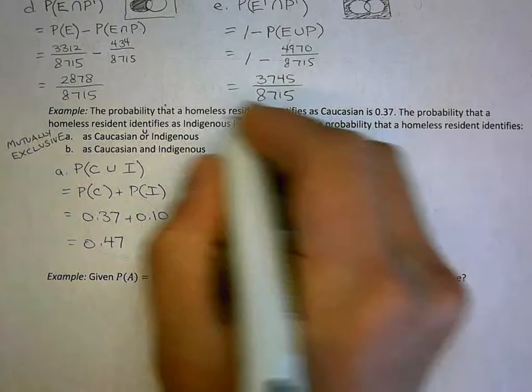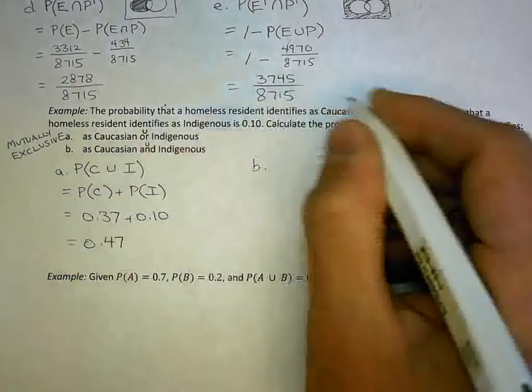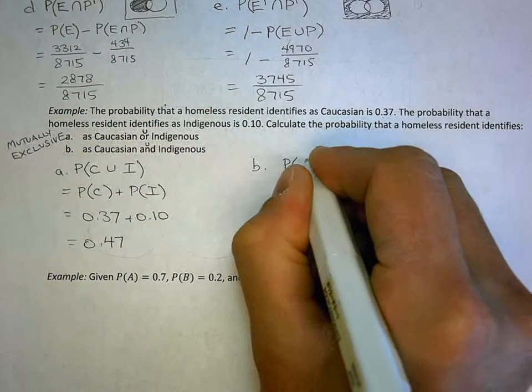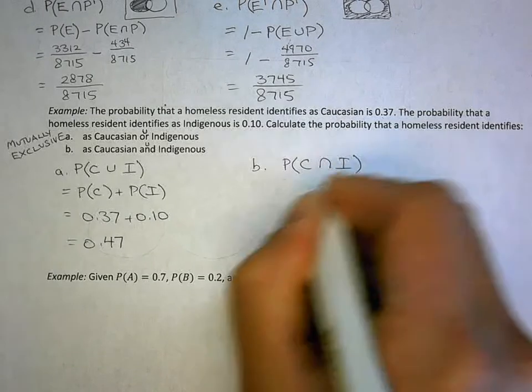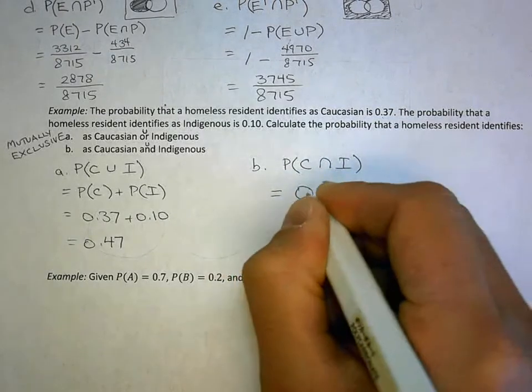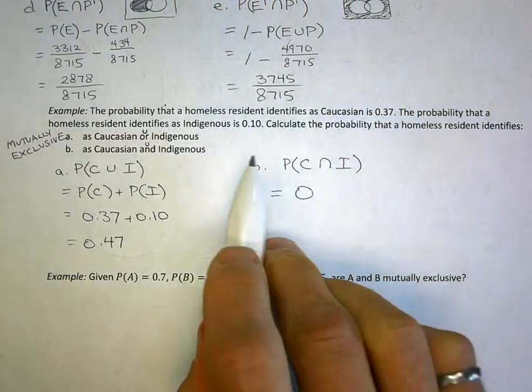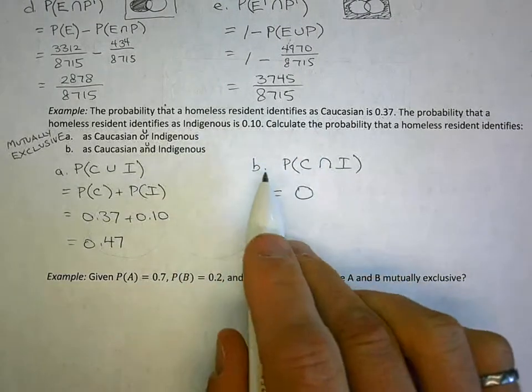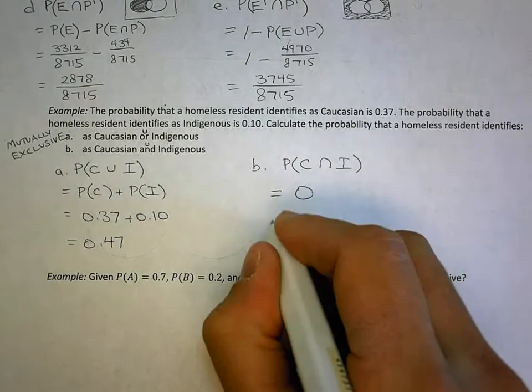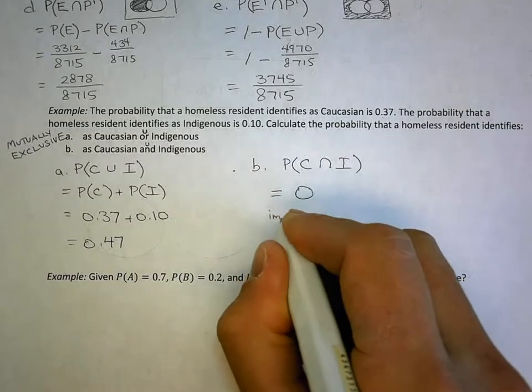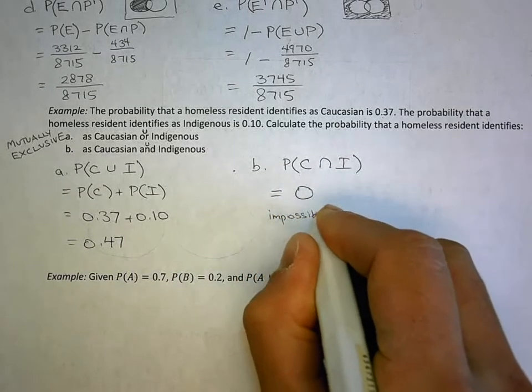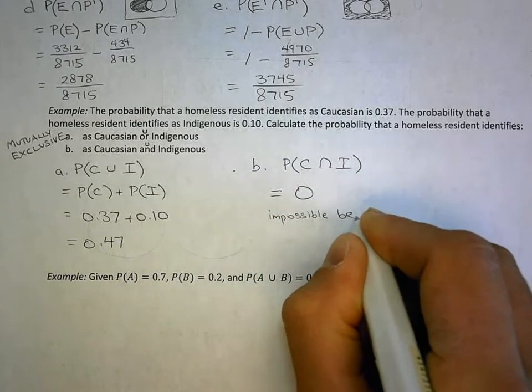Part B, what's the probability that someone identifies as Caucasian and Indigenous? Probability of Caucasian and Indigenous, the intersection. This would be 0, or at least we think, according to the survey, you probably are checking a box and you can't check both. So, not possible, because the data is mutually exclusive.